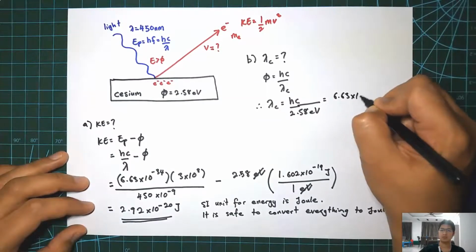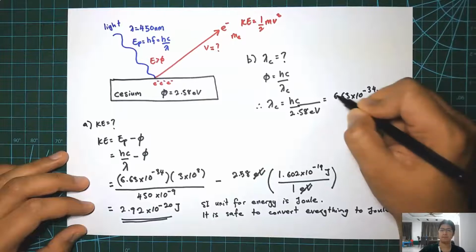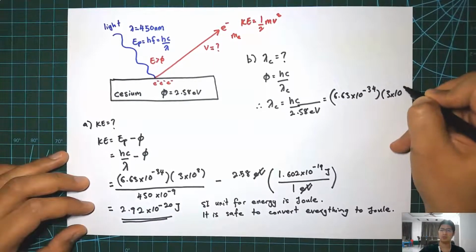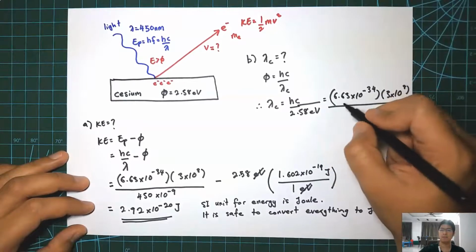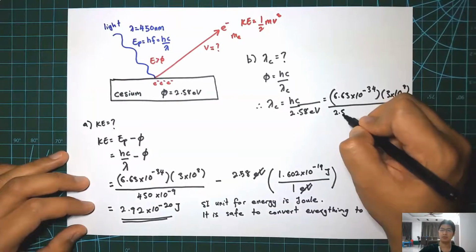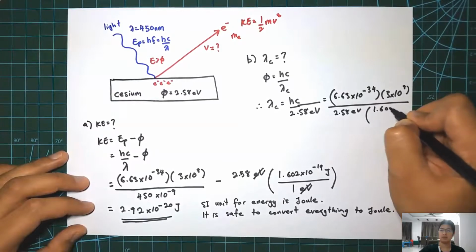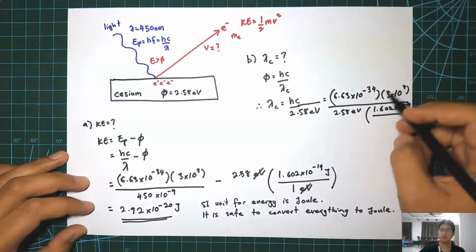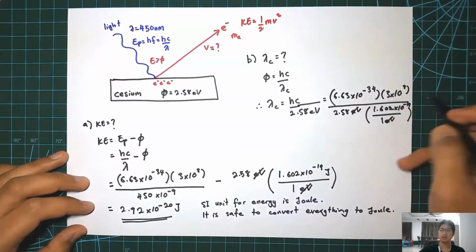So it equals the Planck constant, 6.63 times 10 to the power of negative 34, times the speed of light, 3 times 10 to the power of 8 meter per second, over the work function in joule. You need to convert the electron volt to joule using this equivalency, so that you can cancel the electron volt.